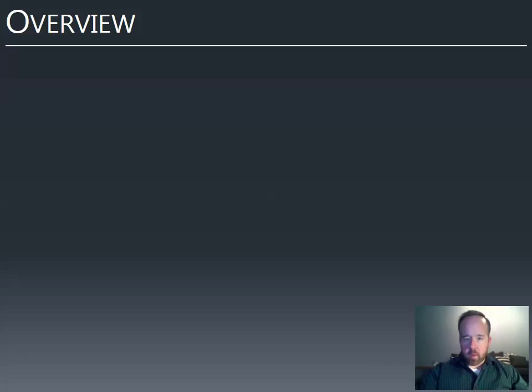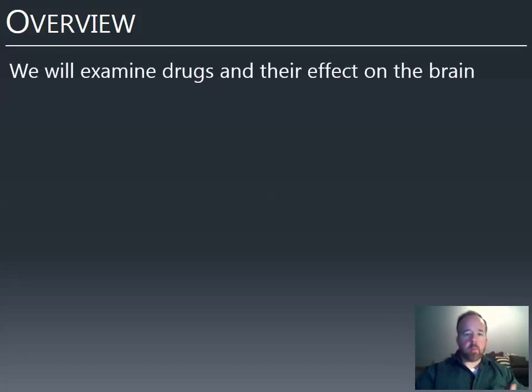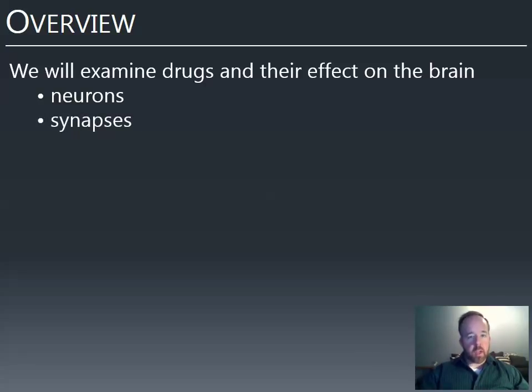As with the rest of this unit, the overview here is we're going to look at drugs and their effects on the brain, and we started small. We looked at individual neurons, individual brain cells, and we wanted to understand how those function first, and then we're building up in scale. So we moved on to multiple neurons, the connections between neurons, which are called synapses.